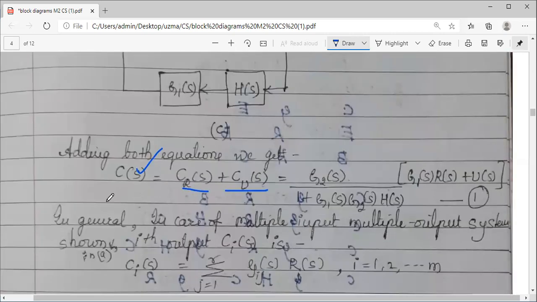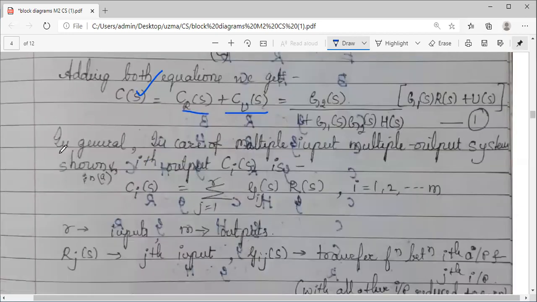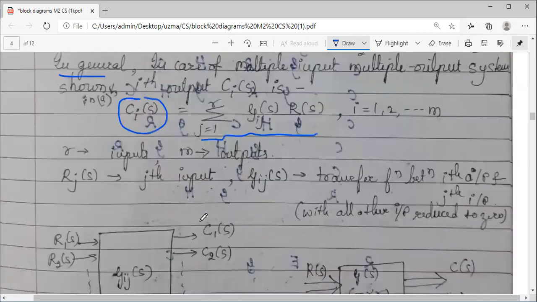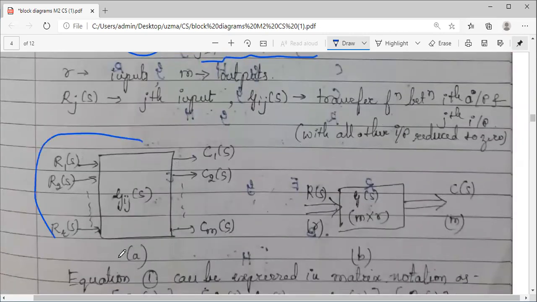Extending this concept, the two inputs we considered, we have generalized for some n or m number of inputs and outputs. So for that, the output is given by the summation. This we have already discussed: multiple input, multiple output, and we have found the transfer function also.